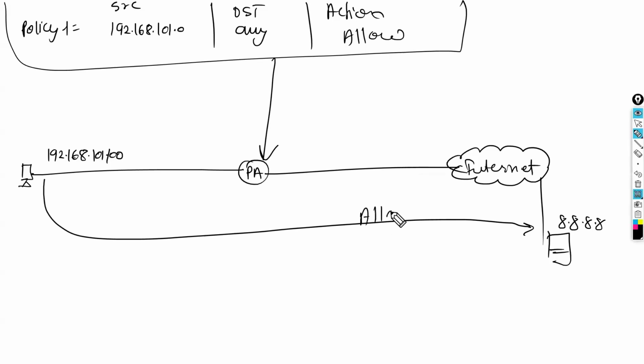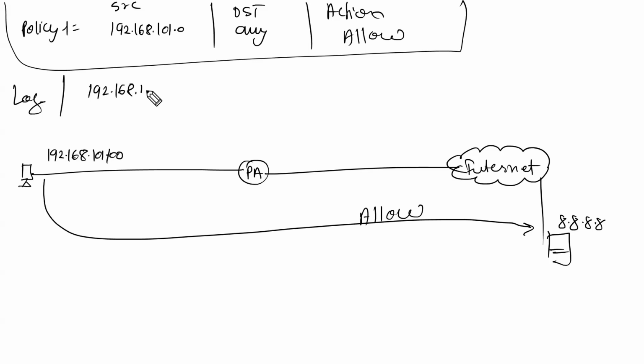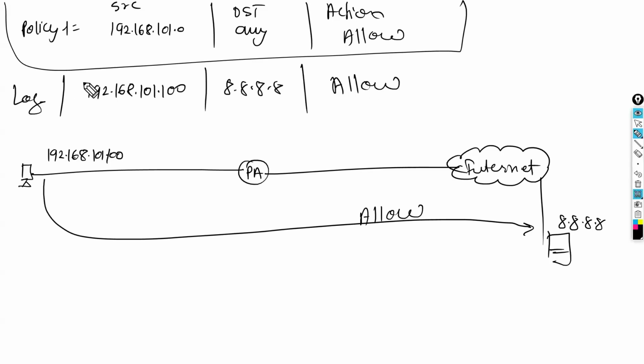Allow. So this communication will be allowed, yes or no? When this communication is allowed, there will be a log on the firewall, with source IP 192.168.101.100 and destination 8.8.8.8.